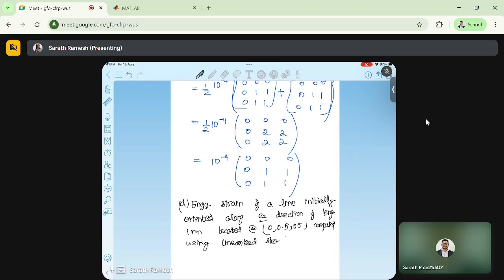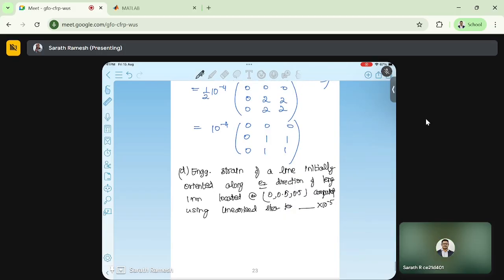The strain tensor is given in units of 10 power minus 5. Okay, so we have to find the engineering strain.